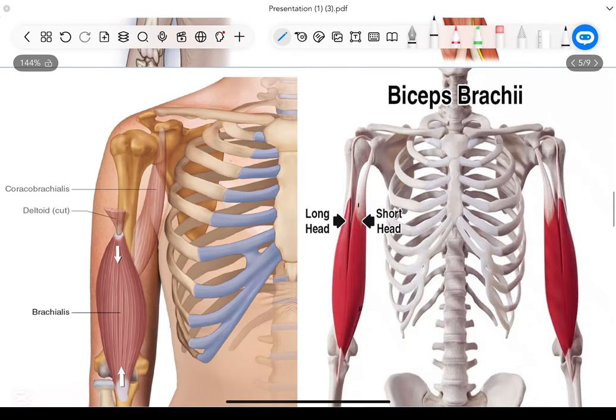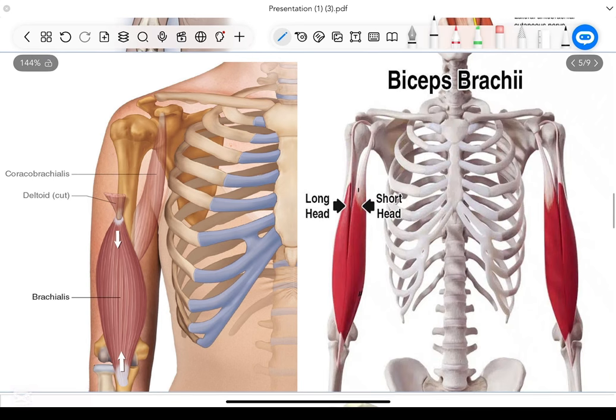After that, we are going to see biceps brachii and brachialis. The biceps has two heads, short head and long head. The short head arises again from the coracoid process of the scapula, and the long head arises from the supraglenoid tubercle of the scapula. Both heads head down and unite with each other, forming a single muscle.